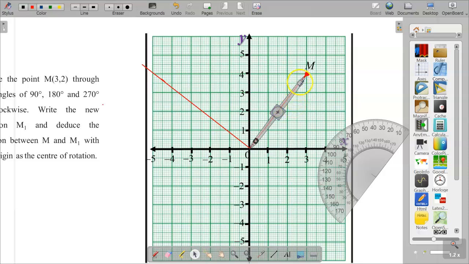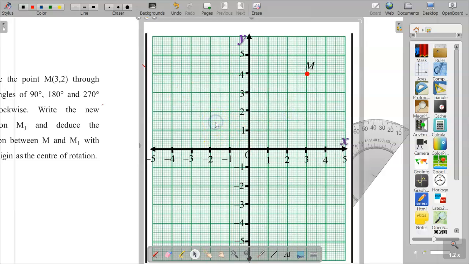Then we will rotate it until we get to this point, probably, and draw a line there. There's a slight error here. The line is not passing through exactly 90 degrees.